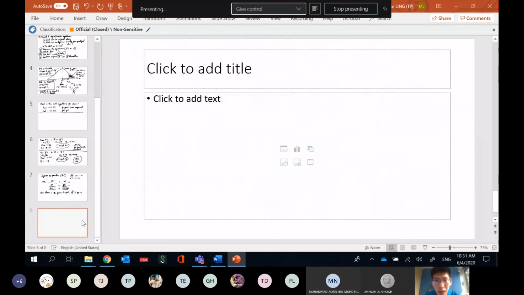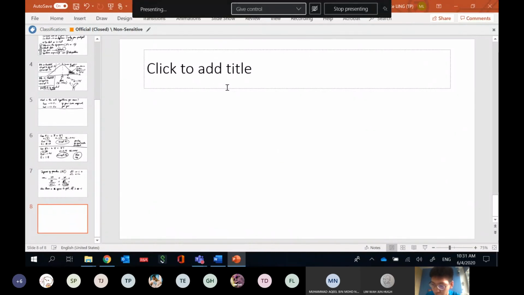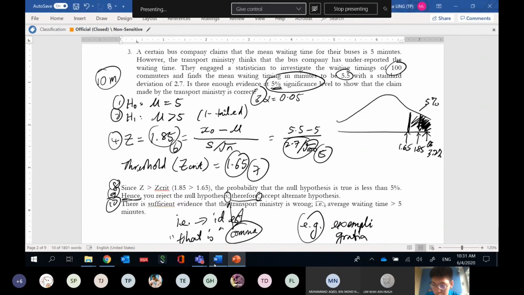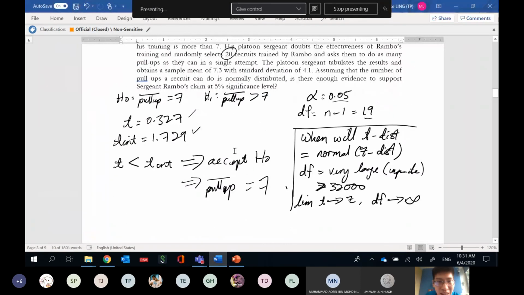Just to clarify for question 4, under the final conclusion part, we should say that we conclude there is insufficient evidence at the 5% level of significance that Sergeant Rambo's claim is true, sir. You can say that, but usually you want to be more verbose in your description.